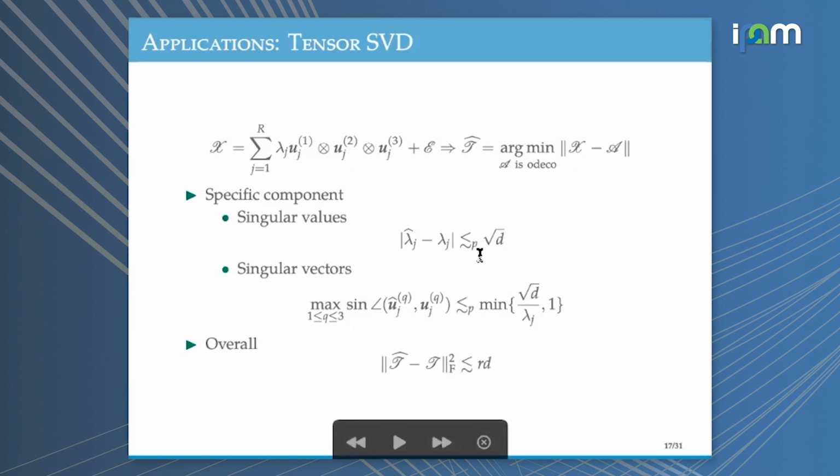I use this subscript P to indicate that this holds true with high probability, basically probability tending to 1 in the high dimensional case. And this sign basically indicates it's up to an absolute constant.